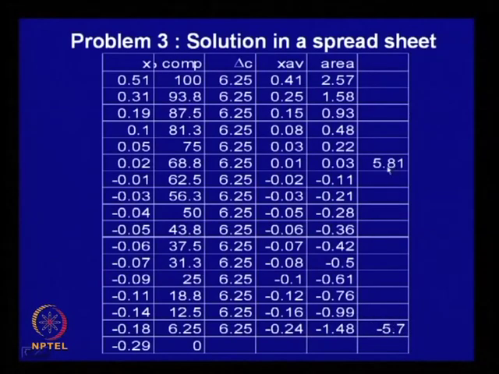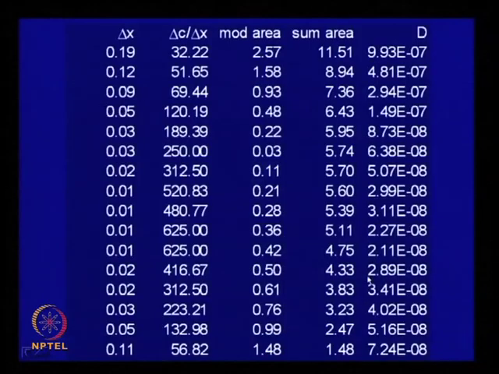So more or less you can see that the location of that Matano interface is correct. The area, this is positive, almost the same magnitude, it is negative. So, the net area is 0. Therefore, that means the Matano interface location is all right.